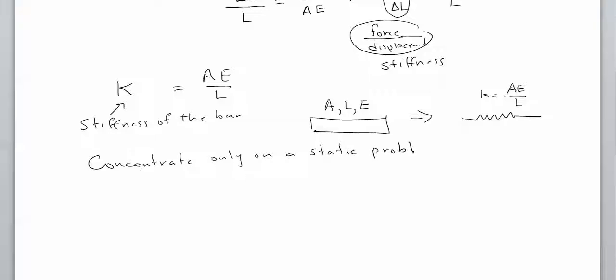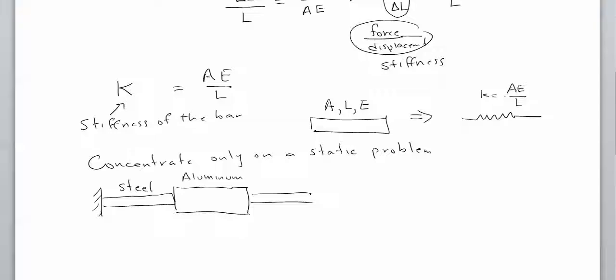So suppose I have a situation like this. I have 4 bars made out of, let's say, steel, attached to another bar that is made out of aluminum, attached to another bar made of copper, and then perhaps another bar also made out of copper.